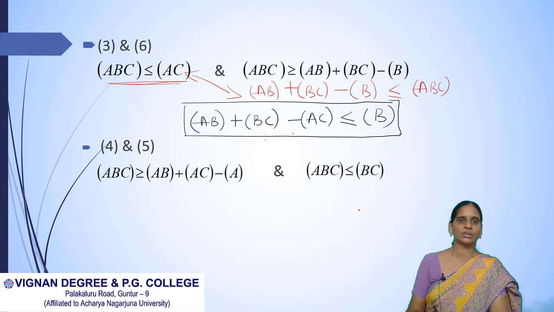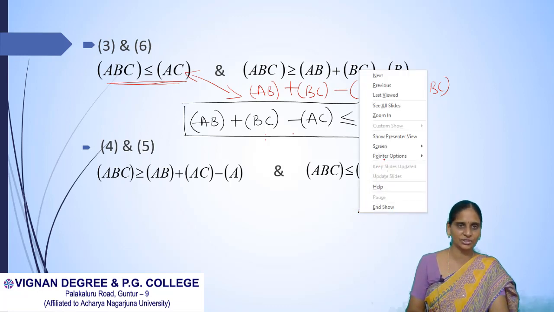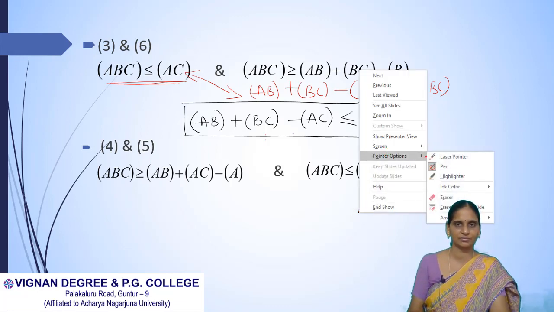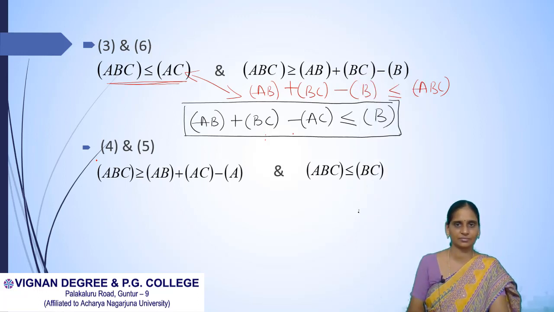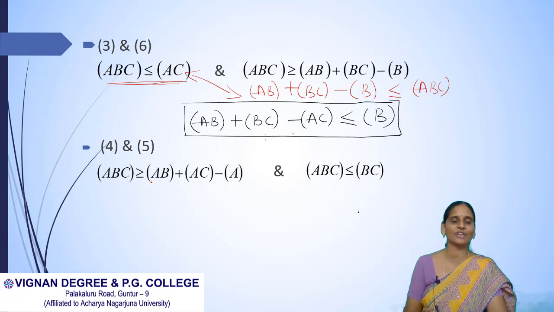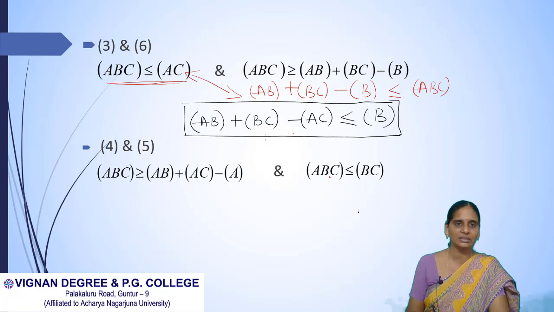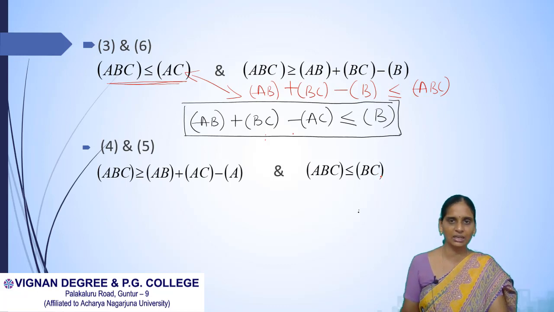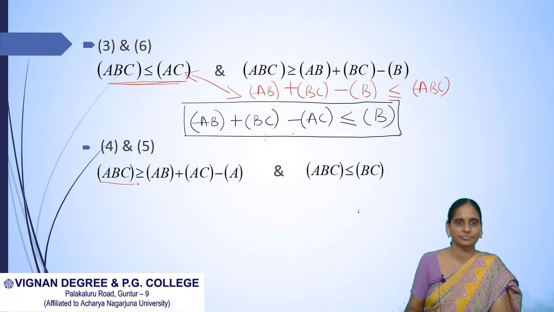And the next one is from the fourth and fifth conditions. The fourth condition is frequency of ABC is greater than or equal to frequency of AB plus frequency of AC minus frequency of A. And the fifth relation is frequency of ABC is less than or equal to frequency of BC.